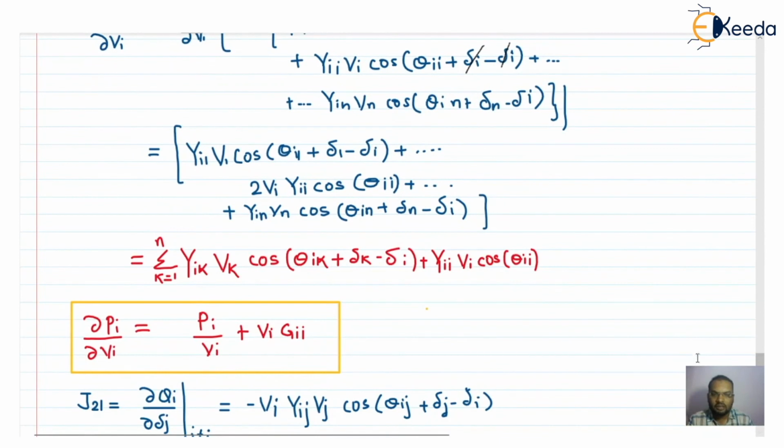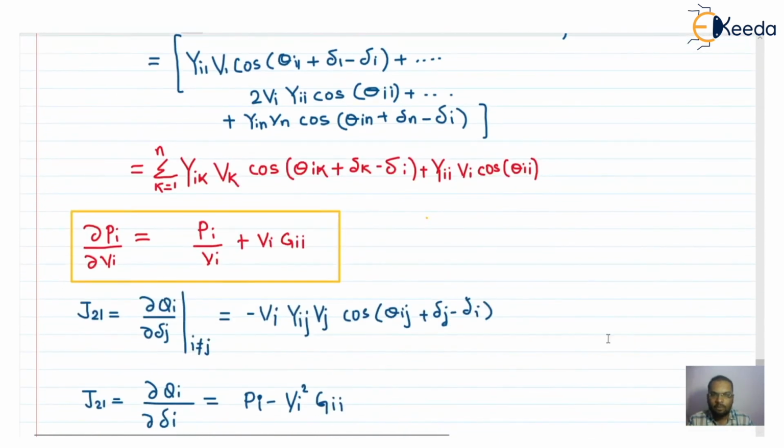let us write this in general. Let's say summation k going from 1 to n. See, the yi1 v1 terms we can write in this way: yik vk cos of theta ik plus del k minus del i, plus this term yii vi into cos of theta ii.